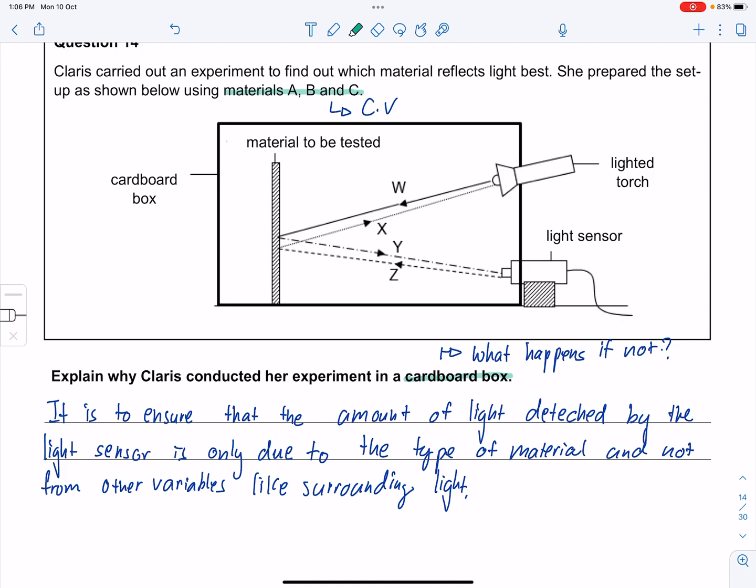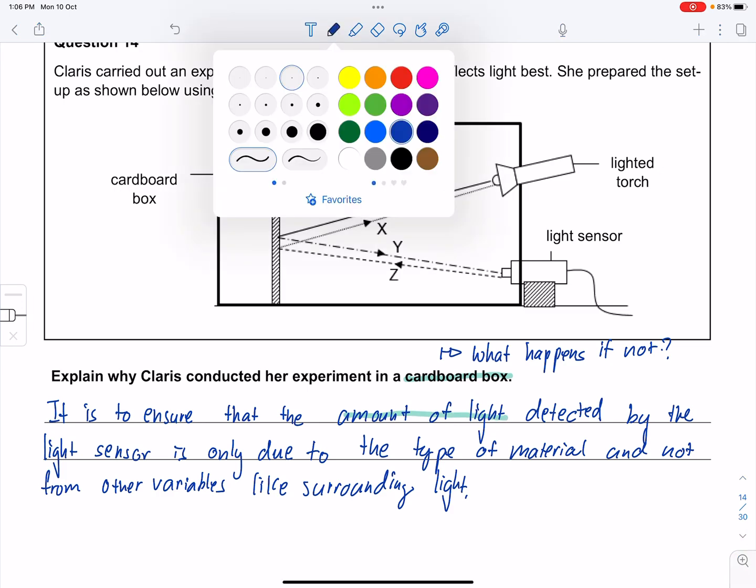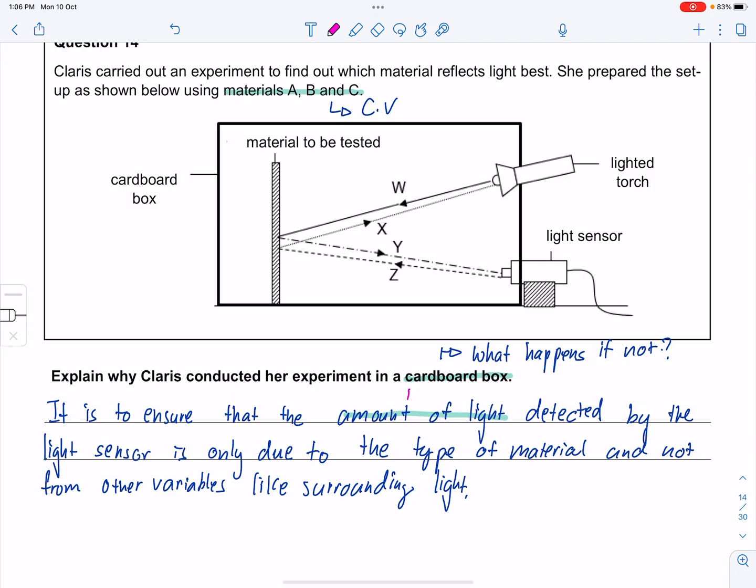So you want to make sure that you are able to write that down. The amount of light detected in this case is your MV, and then the type of material is your CV. Because of this, you make this a fair test.